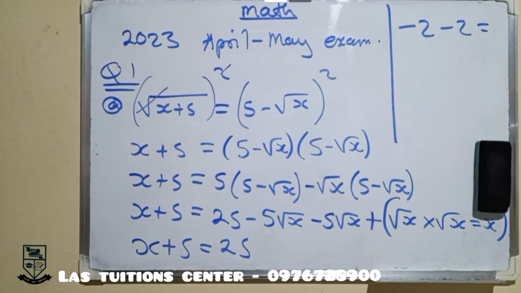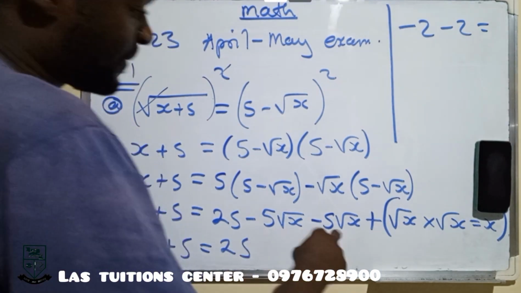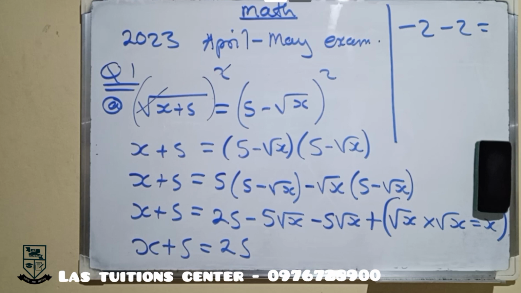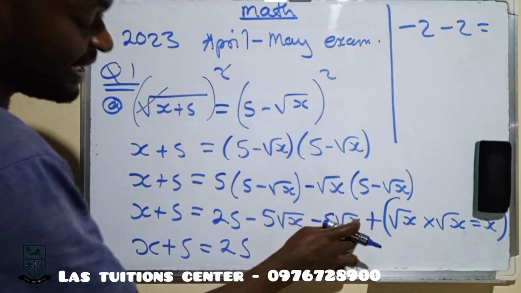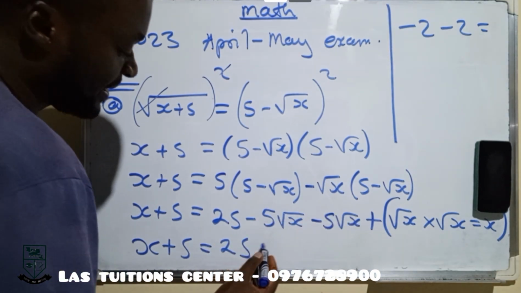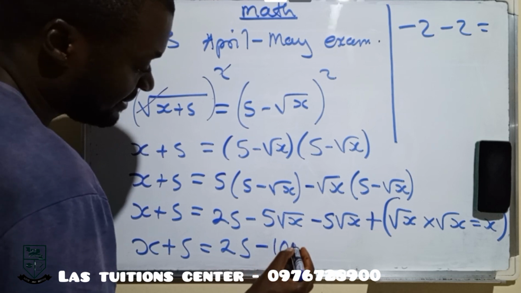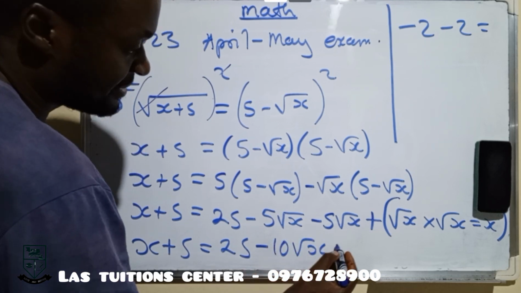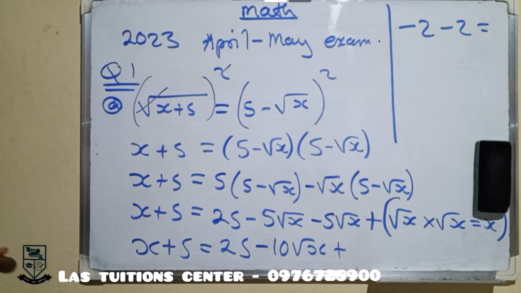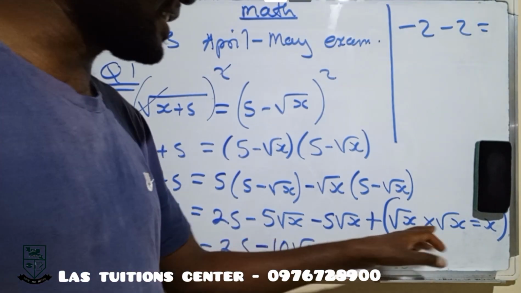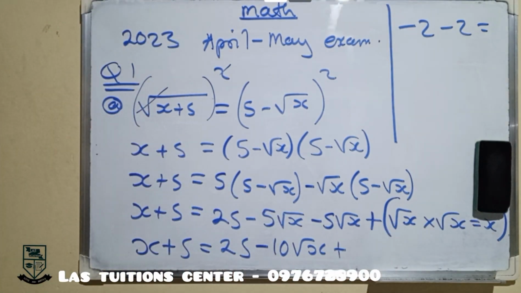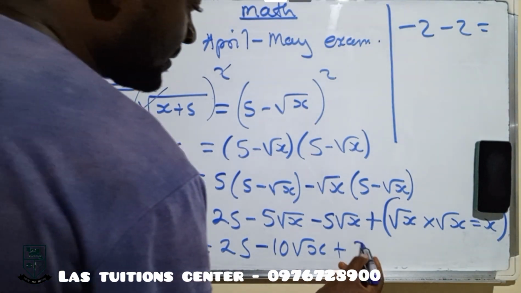Good. So negative 5 minus 5, what do we get? Negative 10. Negative 10 root x, plus root x times root x, which we said gives us x. So this gives us x.